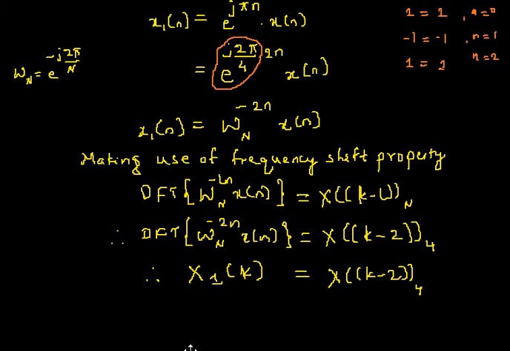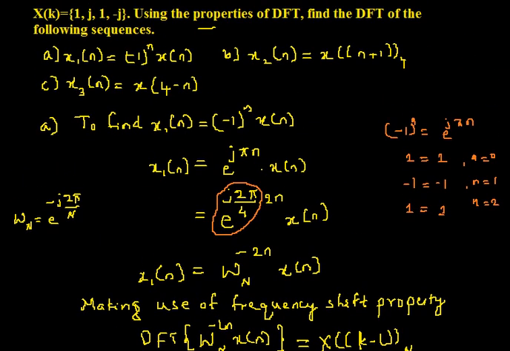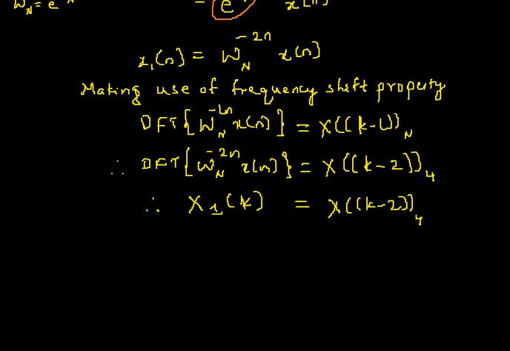But what is that equal to? X of k has been given, which is equal to 1, j, 1, minus j. I'll write that. We know that X of k is equal to 1, j, 1, minus j.